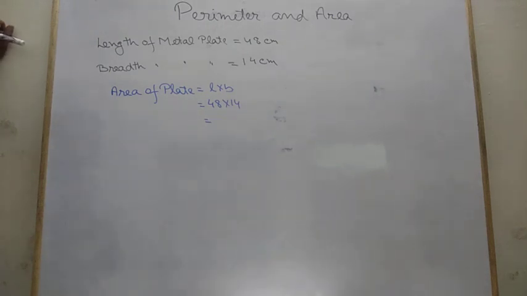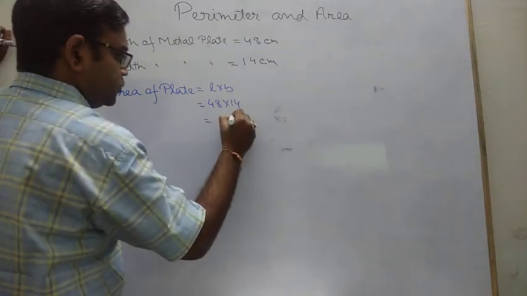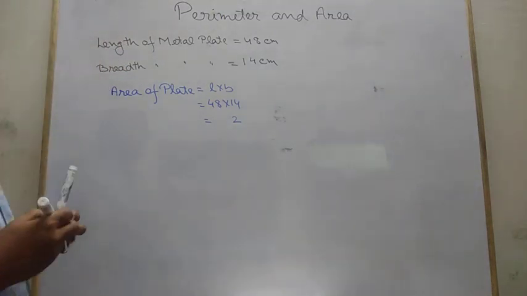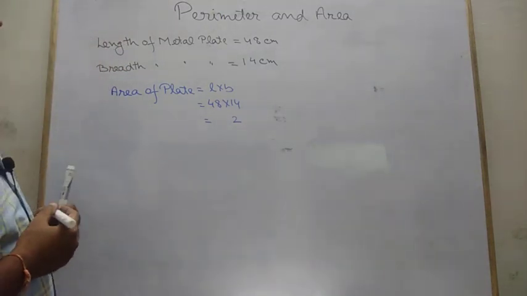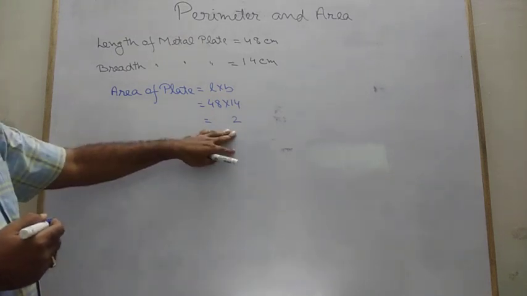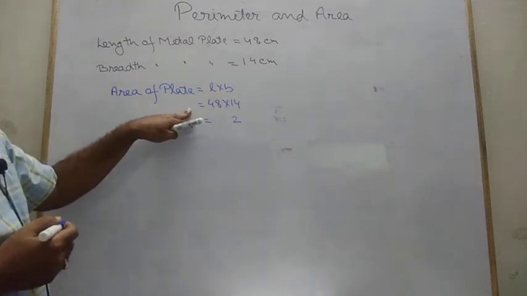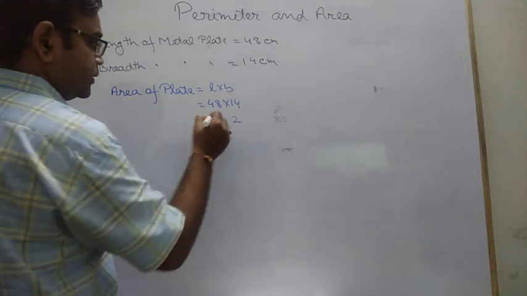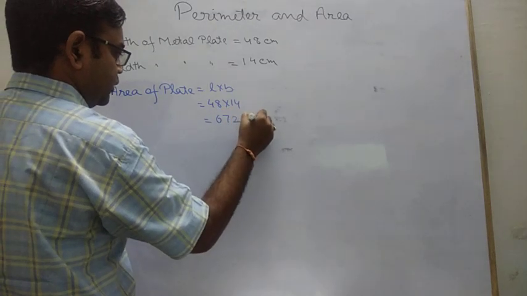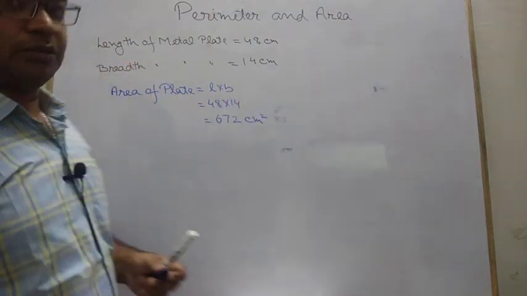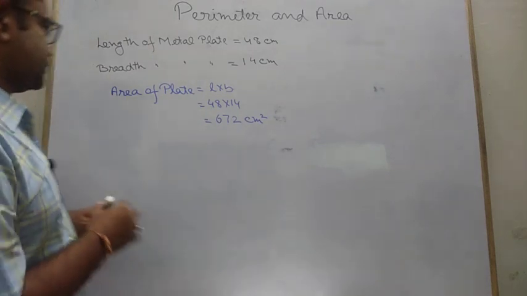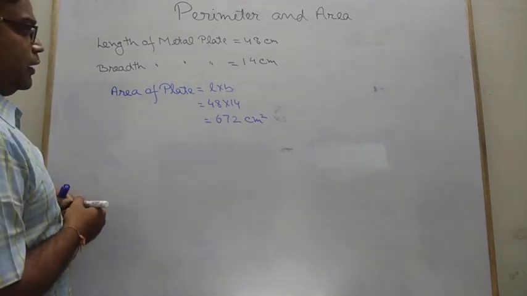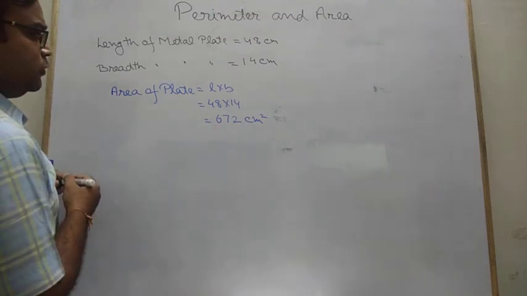So multiply it. 14 times 8 is 112. And 14 times 4 is 56, and 11 carried, it's 67 centimeters square. You must see where I'm making the mistake, because the task is there. Now the area of the plate you have, it's better not to multiply. Why I'm using the multiply, I don't know.